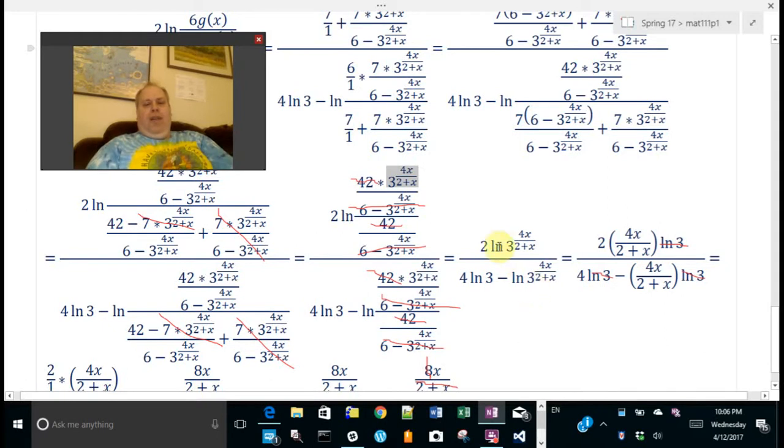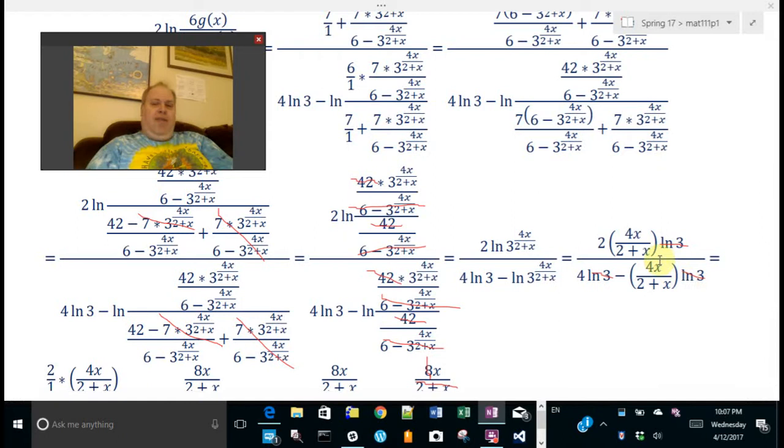Now, remember what ln does to powers. It takes the power and brings it outside. So this becomes 4x over 2 plus x times ln 3. Now we have ln 3's here, here, and here.